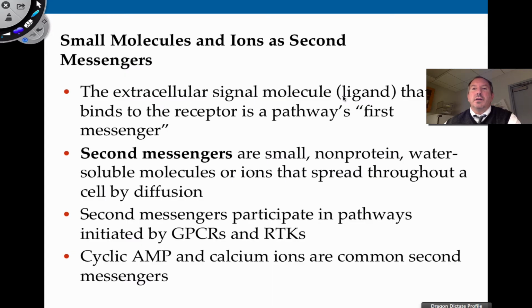Now it could be a growth factor, it could be a neurotransmitter, it could be a hormone, and that binds to the receptor on the outside of the cell, and that's usually called the first messenger. Because I don't want to discuss secondary messengers and you're asking, well, what was the first message? The first message was the signal molecule.